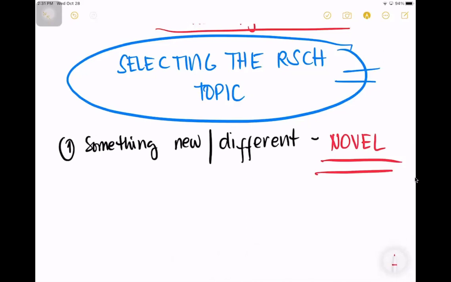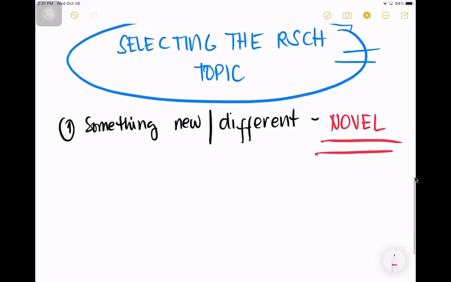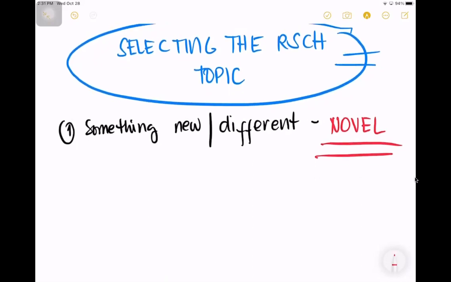But sir, how do we achieve novelty in our research topic, especially now that we are in contemporary times where research is widely done by so many people, by different academic and non-academic institutions? How can we find novelty in our research topic? Yes, this is indeed quite a challenge, especially for beginning researchers like us.